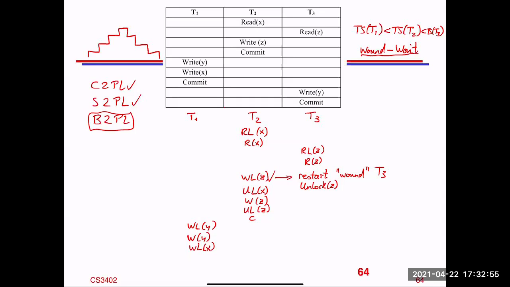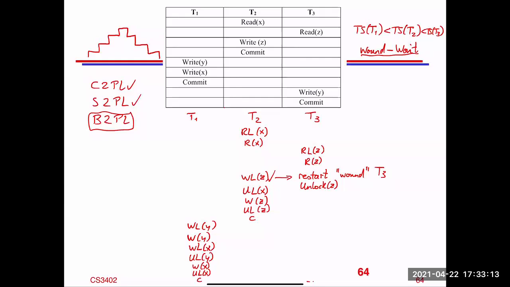Exactly, I'm going to unlock again, right? Because I'm not going to write first. I can already start unlocking, so I'm going to unlock Y. Then I'm going to write X. Then I'm going to unlock X. And then I'm going to commit.